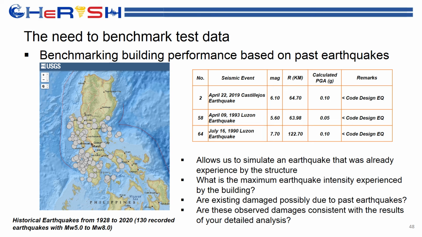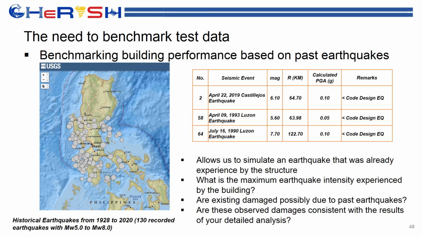We can also assess the performance of our building in terms of historical earthquakes, right? So the question is, how come this existing structure survived several earthquakes, no? And we are talking about structures more than 50 years old.